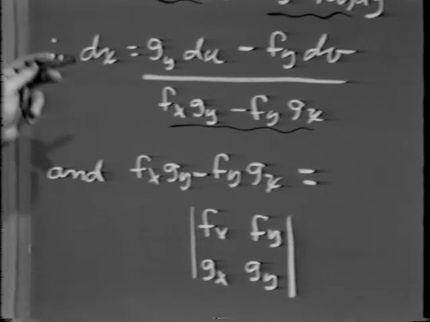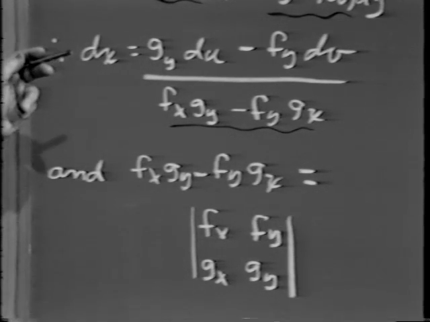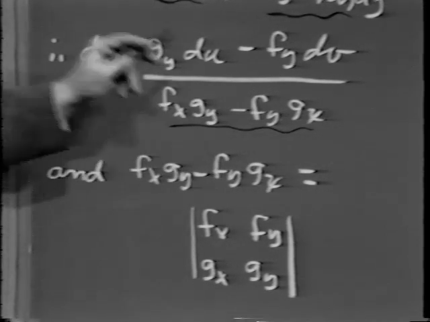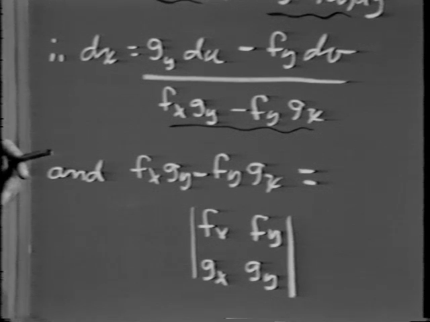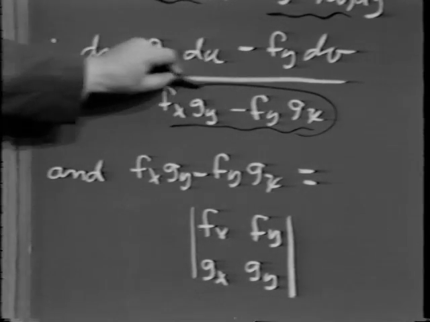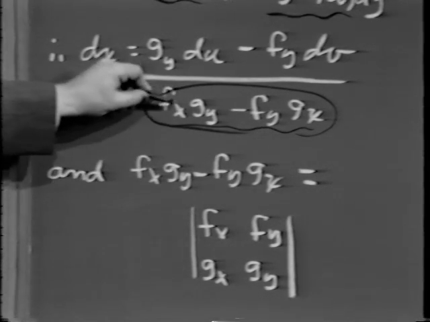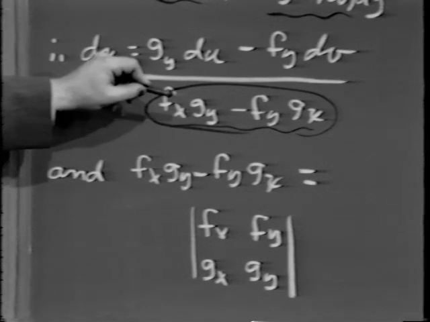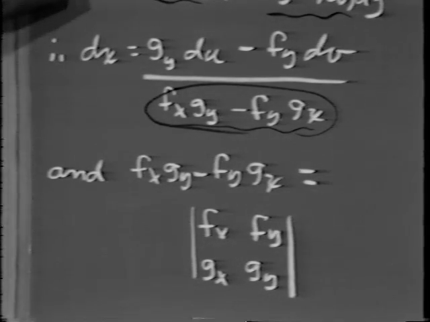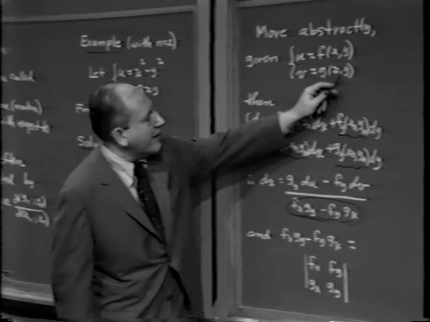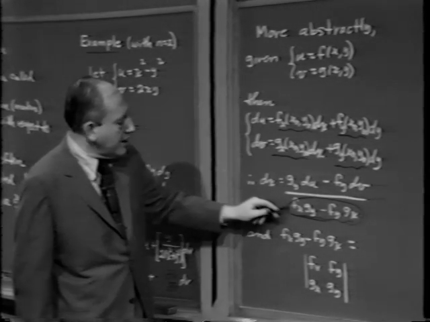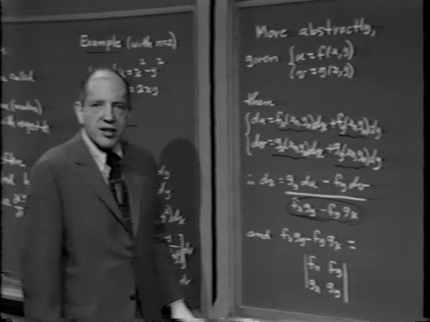In the 2 by 2 case, in other words, two equations and two unknowns, we can see explicitly what goes wrong when the determinant of coefficients is 0. The determinant of coefficients is just this denominator, and when it is 0, we're in trouble. The only time we cannot invert this system, the only time we cannot find delta x and delta y in terms of du and dv, is when this determinant is 0.